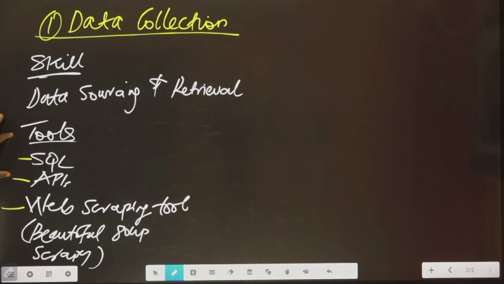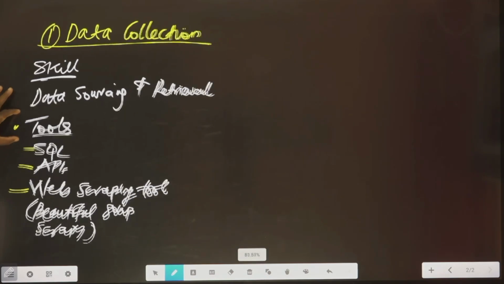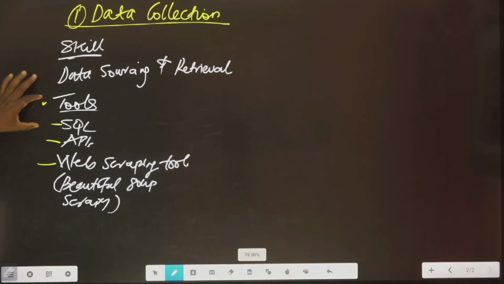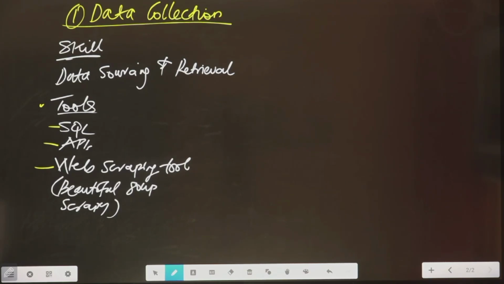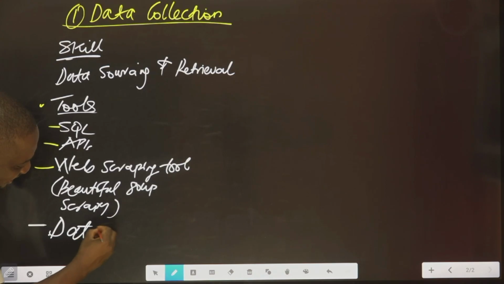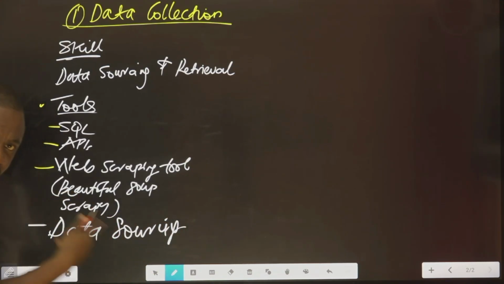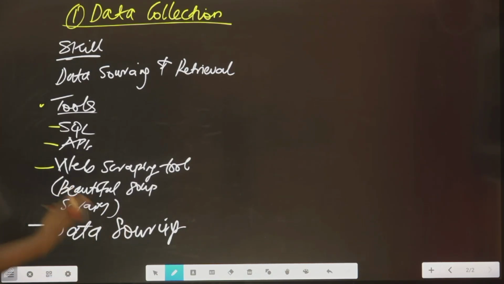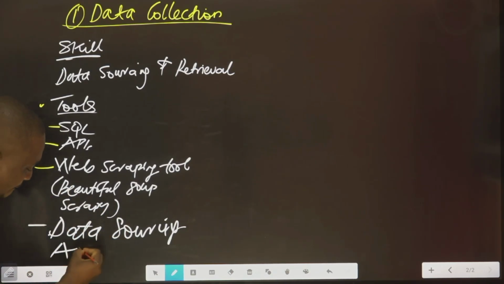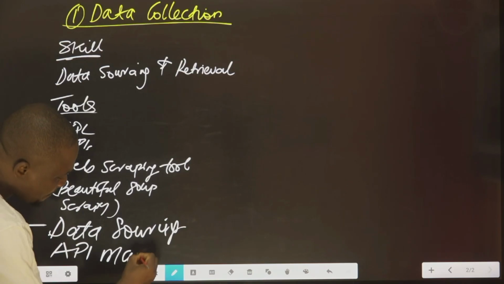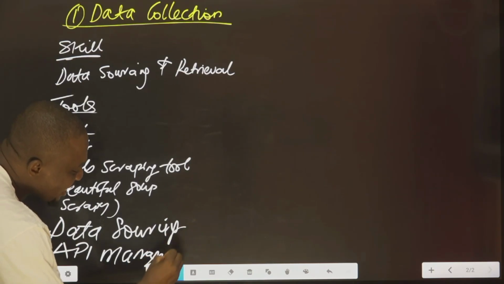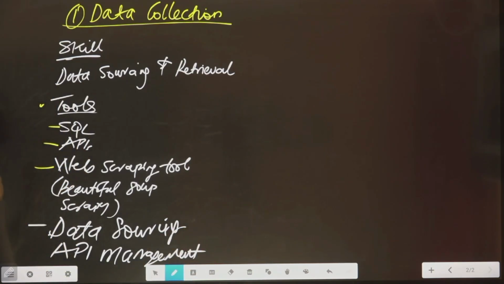So if you want to be proficient with this, you must understand how to source data. You must understand data sourcing, okay? That is what you should read, topics you should read when you are reading. You must understand API management. Okay?